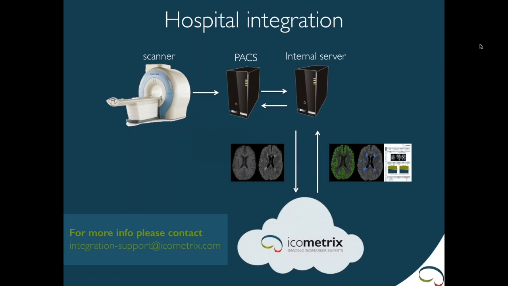So from your hospital environment in the PACS system, you just press send the data to icometrix, and then 24 hours later, you will receive the report and all the segmentations back in the PACS, at the patient in the PACS system. So it's really easy to send the data as well as to look at all the results within your workflow.